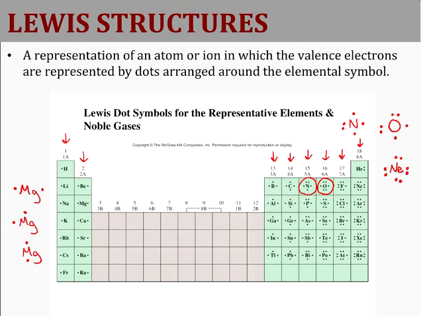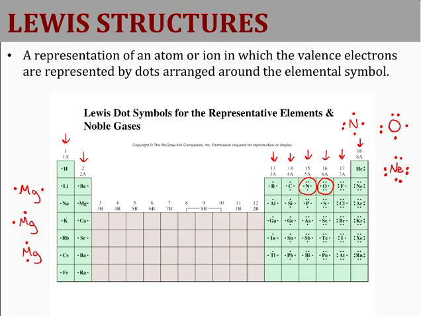Now this kind of goes back to our discussion of noble gases and some of their characteristics. So noble gases are really stable, and they don't really want to interact with other elements or molecules. They would prefer to just do their own thing, and that's partly because all of the electrons are paired up, all of the electrons are happy.